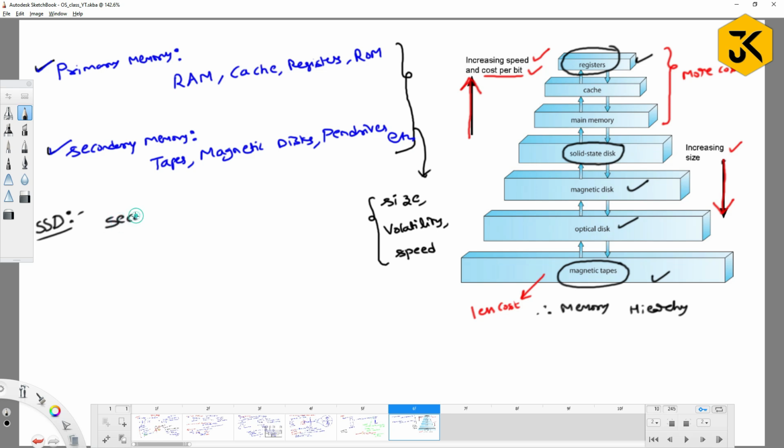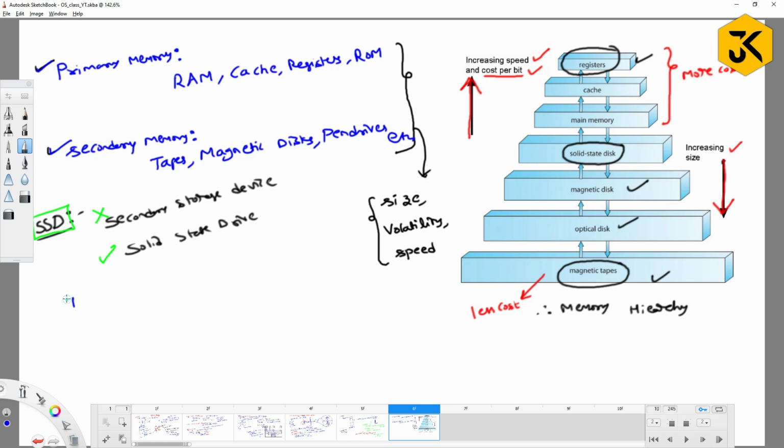Which is the correct answer? The correct answer is solid state drive, not secondary storage device. This is important, guys. In one examination I have observed this. Solid state drive is the abbreviation for SSD.